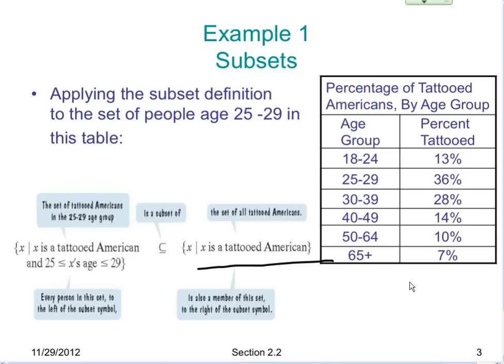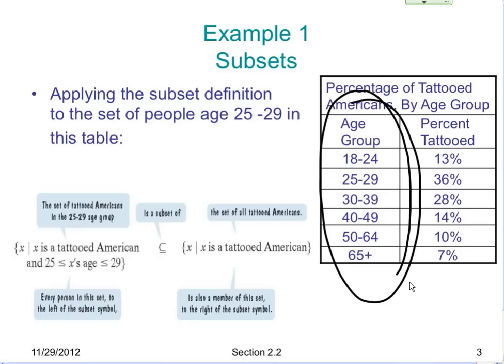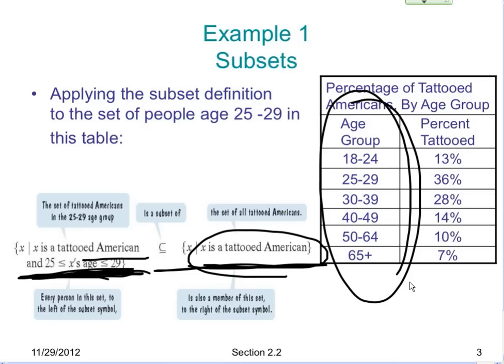So what this is saying is that the people who have tattoos and are between this age range are also within this set of tattooed Americans. So the people who have tattoos, they're Americans, and they're between the ages of 25 to 29, are part of the set of tattooed Americans.